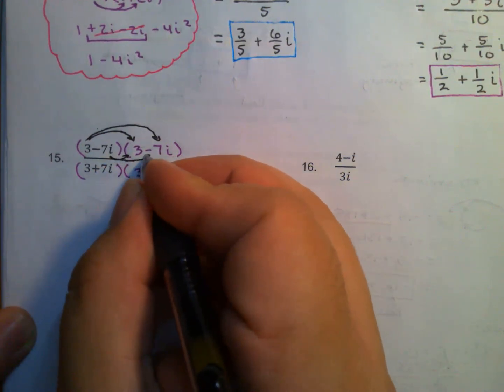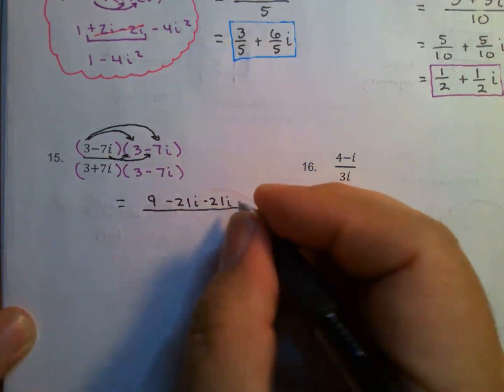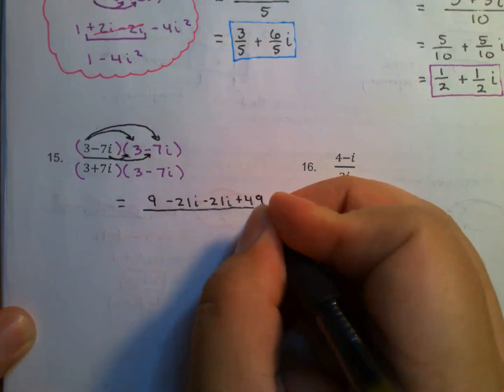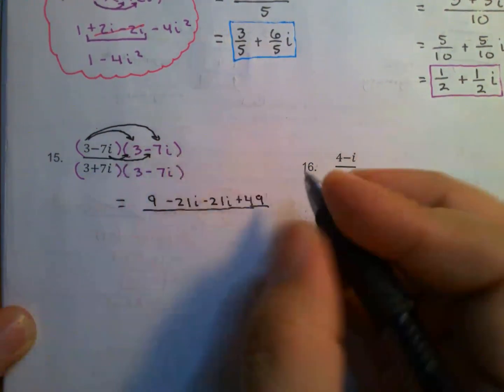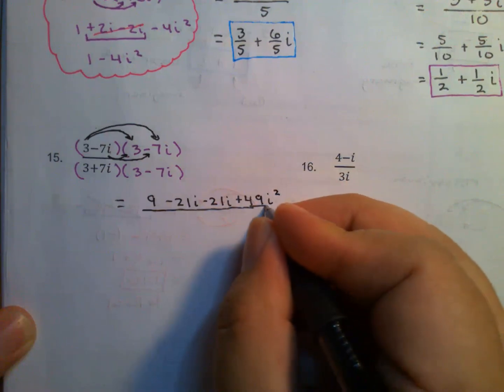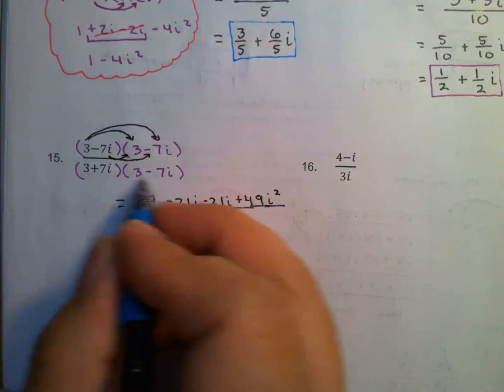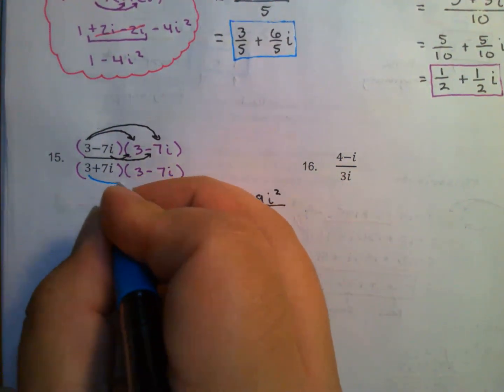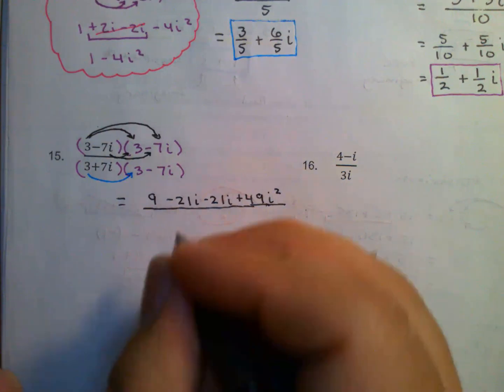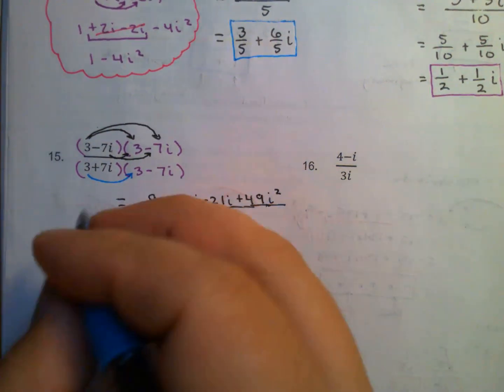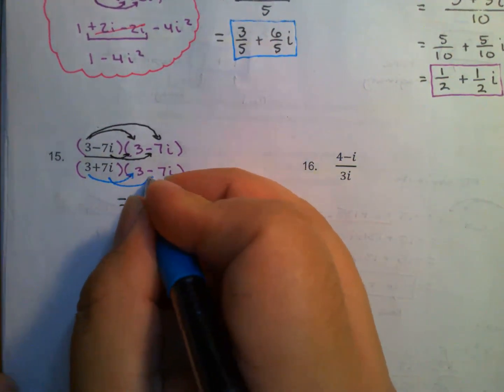And here we go. -7i times 7i, +49, but it has that i squared attached to it. All right, so far so good. Don't forget, because they are true conjugates of each other, we will just multiply 3 times 3, so there's my 9, and then 7i times -7i.